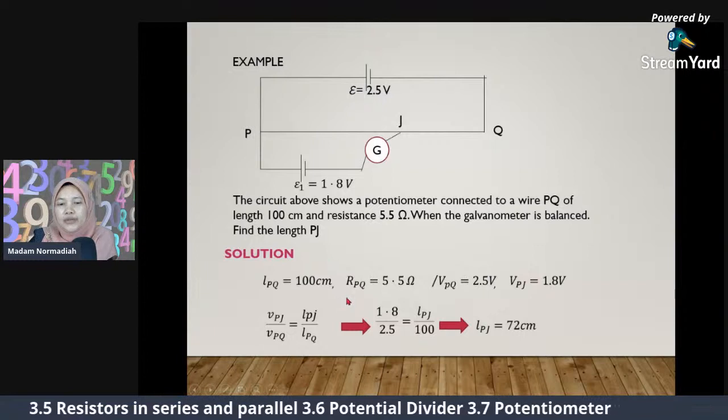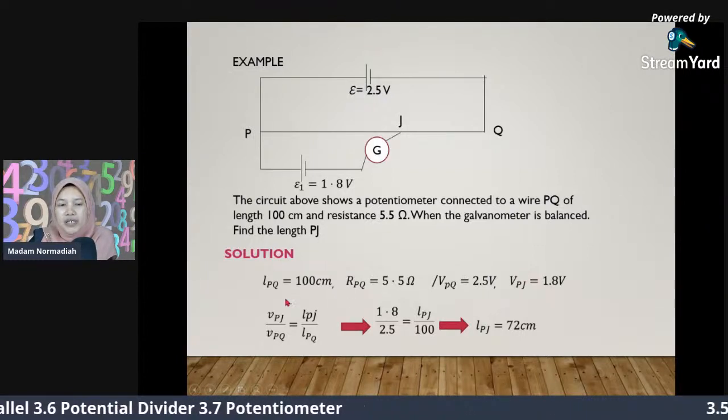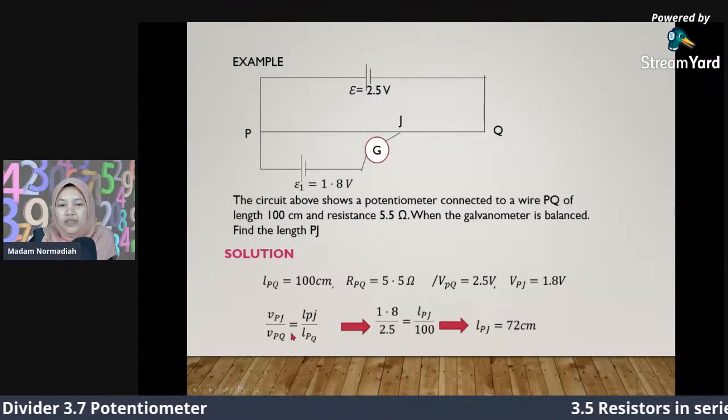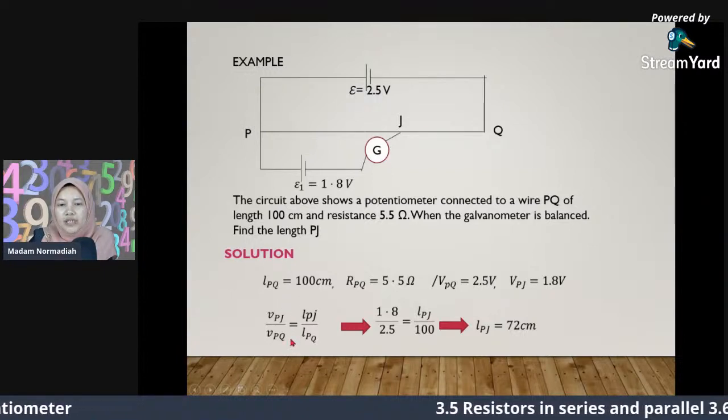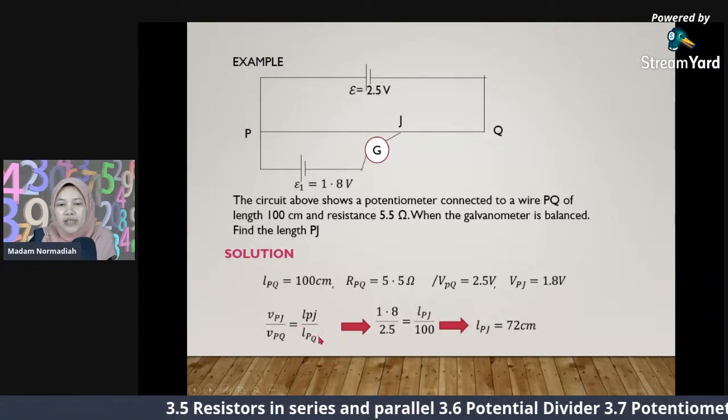So what we need to do is apply the equation VPJ or Vx over VPQ equals LPJ over LPQ.